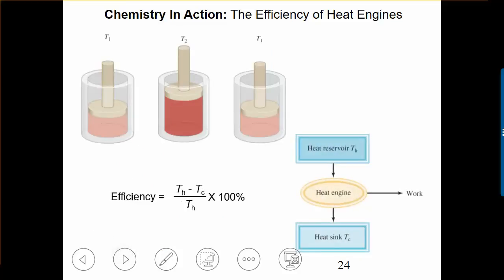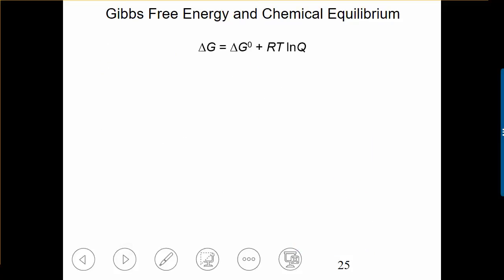Okay, we don't need to belabor that. This is another important equation that you need to be familiar with. The delta G of a reaction is equal to the delta G naught at standard state conditions, which are 25 degrees Celsius and 1 molar, plus R. Which R do you think you're going to use here?